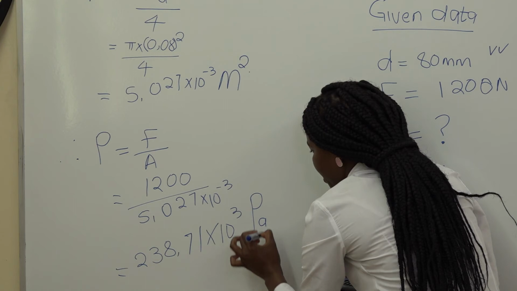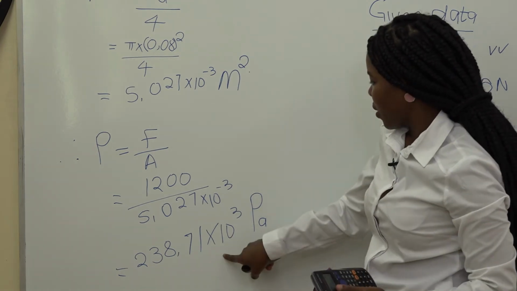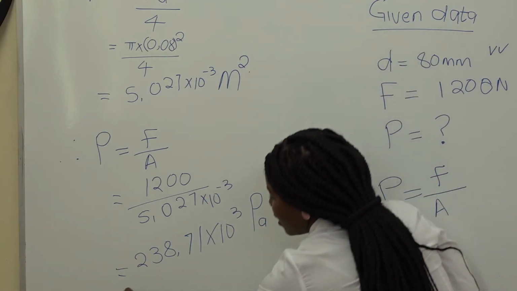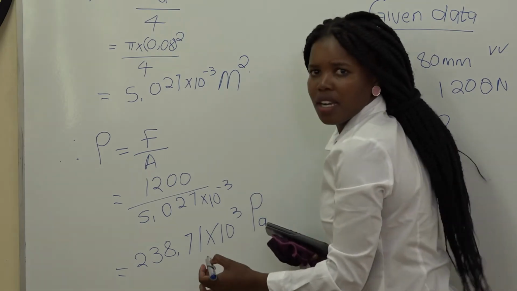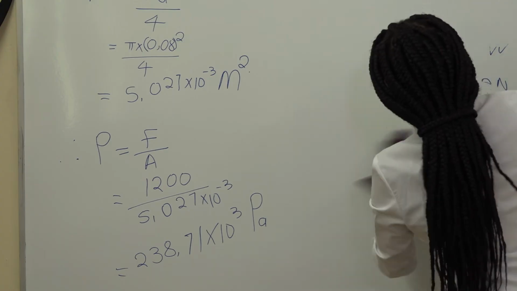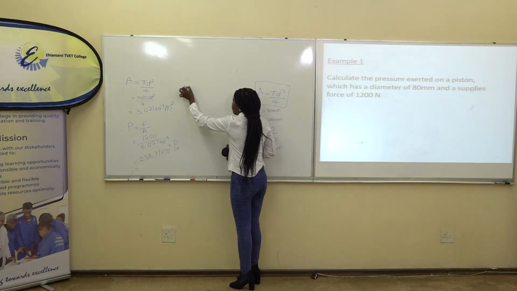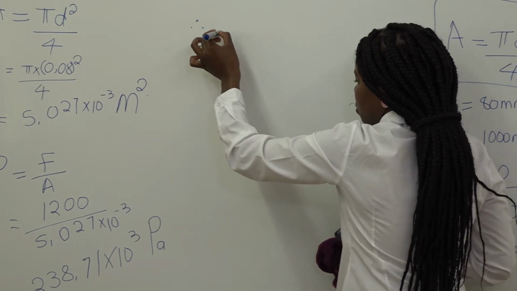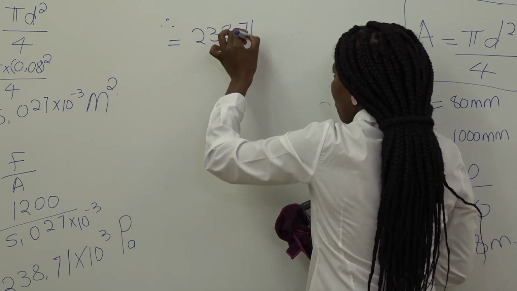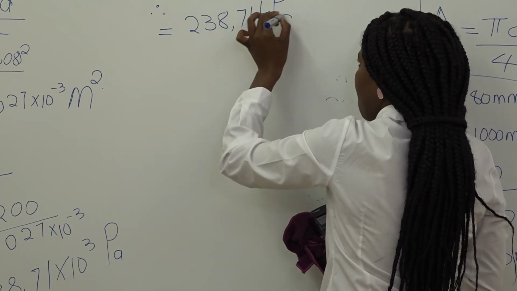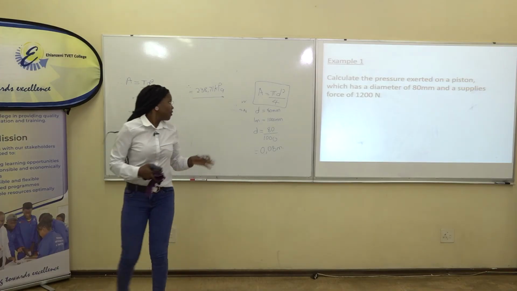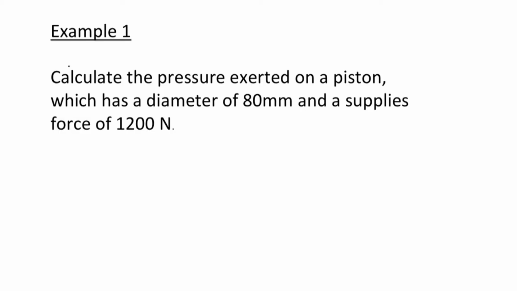Remember the SI unit is Pascal. Remember, 10 power 3 is the same as kilo. So you can simply say, therefore, P is equal to 238.71 kilo Pascal. So then now we are able to calculate our pressure.